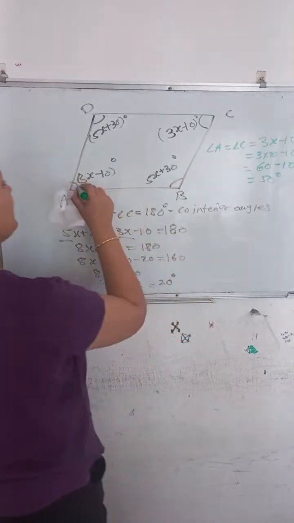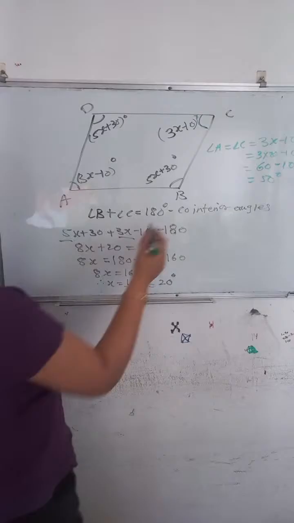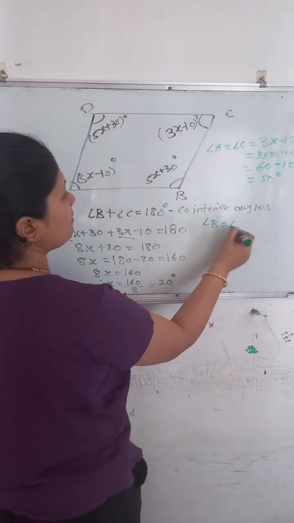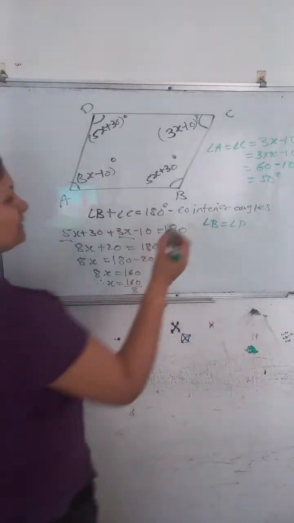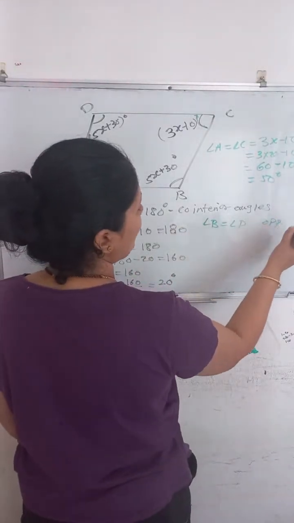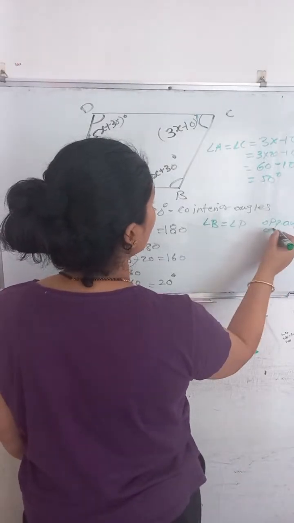So angle A and angle C are 50 degrees, and again angle B is equal to angle D because of opposite angles of a parallelogram. You can write that statement.